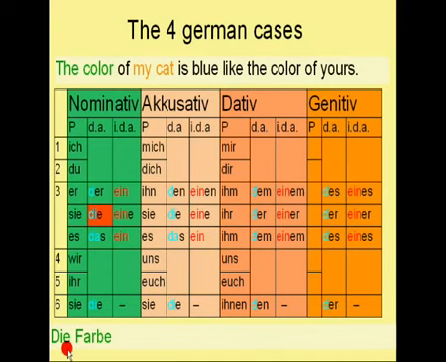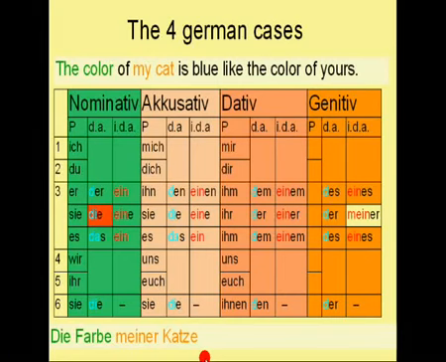Cat is feminine in German, so because my accompanies a noun, we need to look for this column here, and because it's feminine, we need to replace this stem here. Now, which grammatical person is the possessor in my cat? It's in the first person singular, so the word stem is mein and the word is meiner. And the sentence starts with Die Farbe meiner Katze.